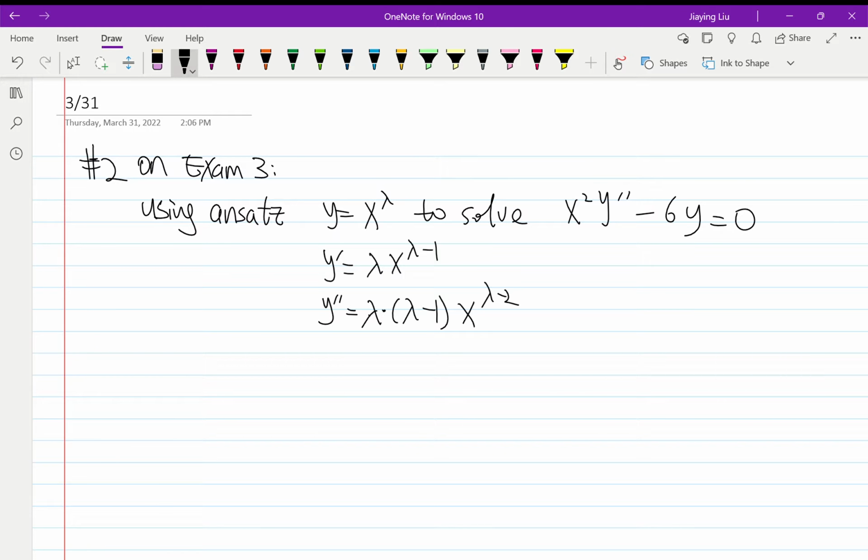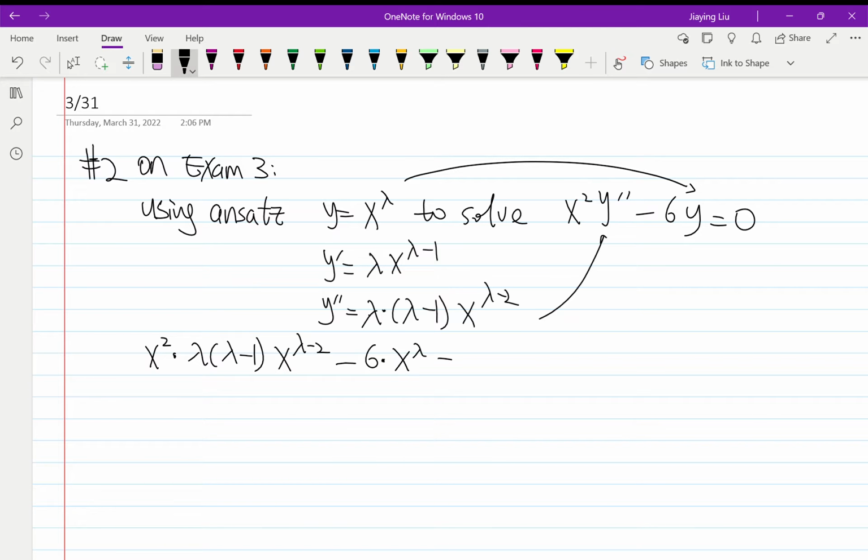And then we can put the second derivative and the y into this differential equation. That's going to give us x squared times lambda minus 1, x to the lambda minus 2, minus 6y, which is 6 times x to the lambda, equals 0.